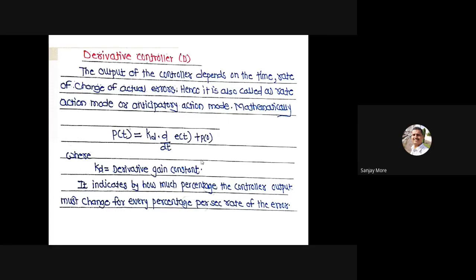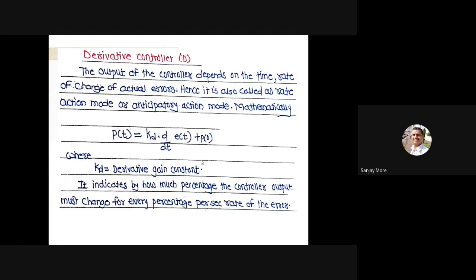Hence it is called rate action mode or anticipatory action mode, and its mathematical expression is P of t is equal to Kd, the derivative gain constant, d by dt E of t, plus P of 0.